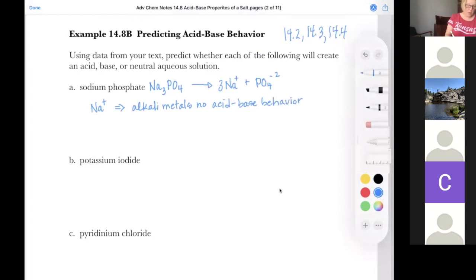The PO4 3- comes from H3PO4, which if we look up the Ka value in our text, we remember this is one of those polyprotic acids.